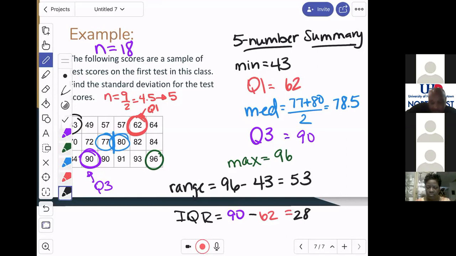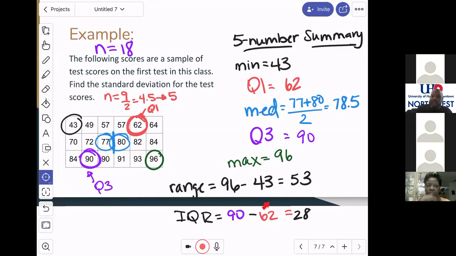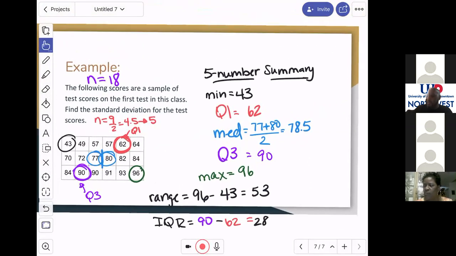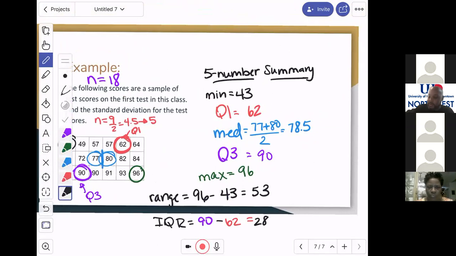All right, that's 28. So these are the measures of variation now. Here are your quartiles in the middle right here, and then max value, range, IQR. And from this, we can produce a graph. This is the last graph you're gonna need for your project. From this, we can produce the box and whisker plot.